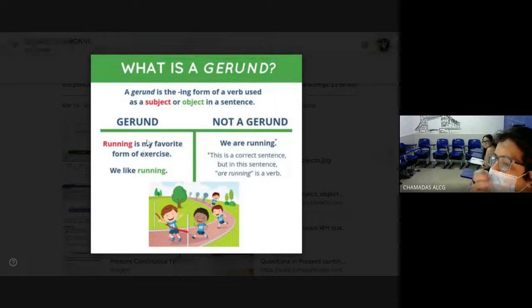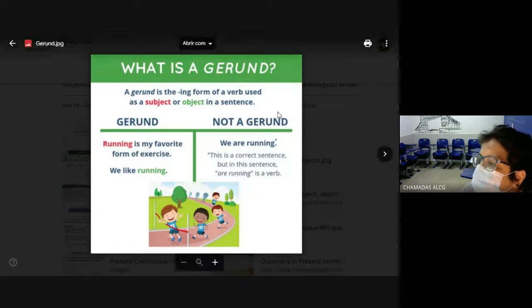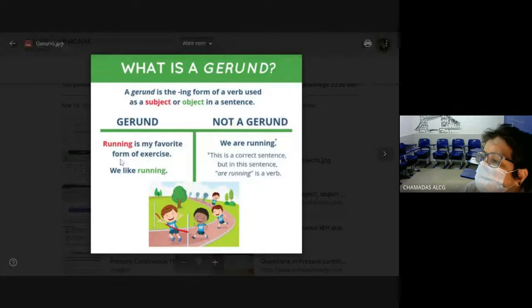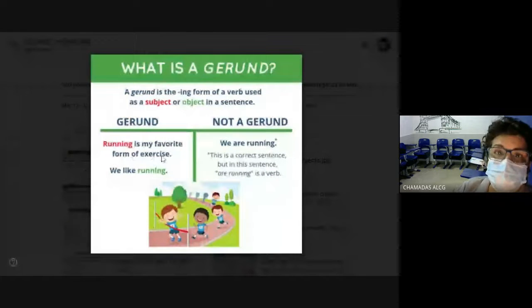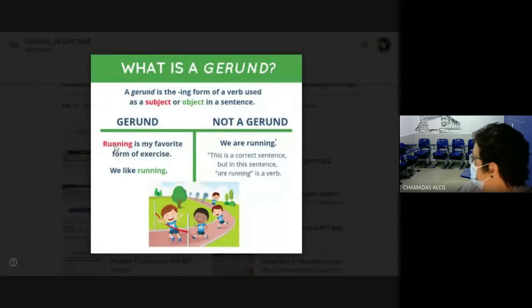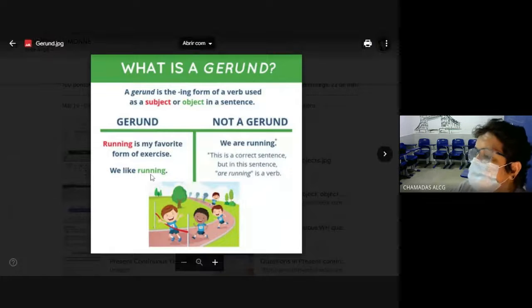Okay. Here we have two examples. Look, "Running is my favorite form of exercise." So this is a gerund. Okay? Another example. "We like running." So we use running as the object.